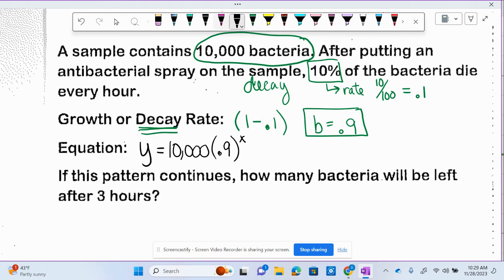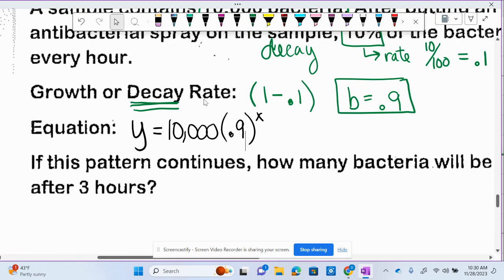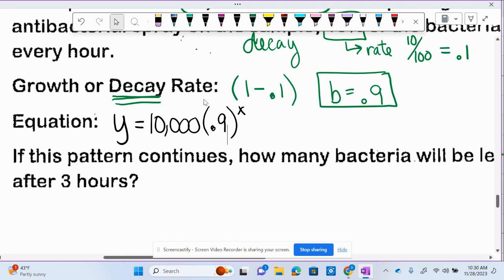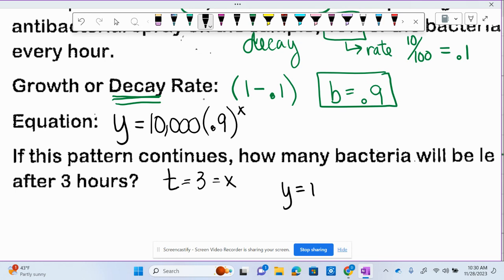Good job. Okay. If this pattern continues, how many bacteria will there be after 3 hours? So that means we're going to let T equal what? Yeah, which we can call it X as well. Time. Just the time is 3. So let's see. Y equals 10,000 times 0.9 to the power of 3.